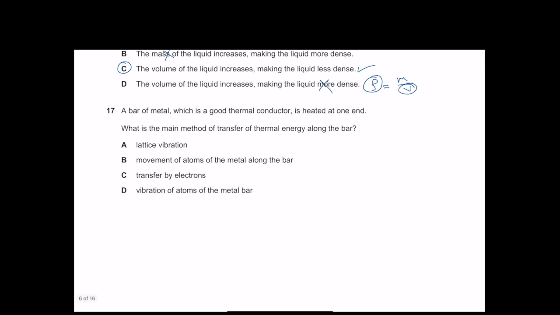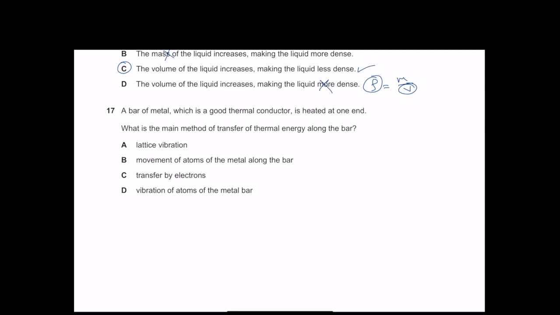In question 17, a bar of metal, which is a good thermal conductor, is heated at one end. What is the main method of transfer of thermal energy along the bar? It's metal, so this is conduction. Yes, I heard that. In conduction also we have some free electrons.